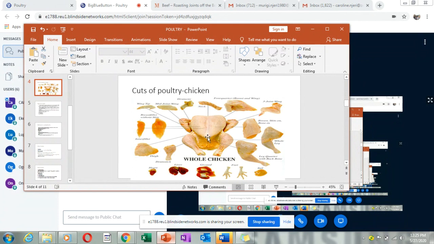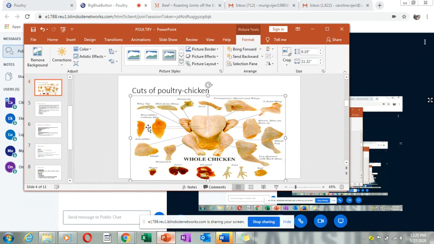You can also fillet it, like these two are fillets from the breast. So we call them breast fillets without the skin. We can see the inner fillet there. So that is the breast kama imetolewa skin, and then it has been sliced into fillets.